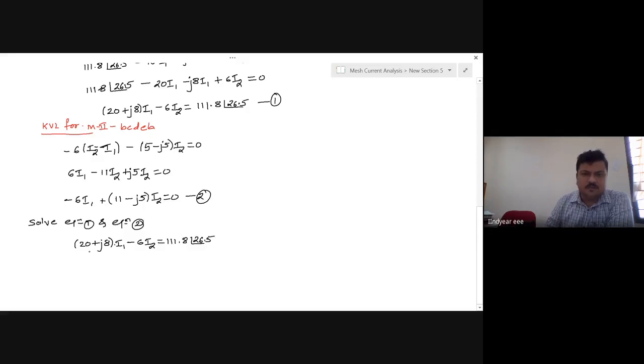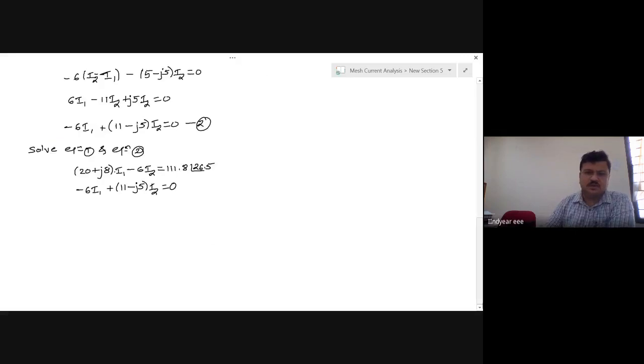Second, minus 6I1 plus (11 minus j5) I2 is equal to 0.